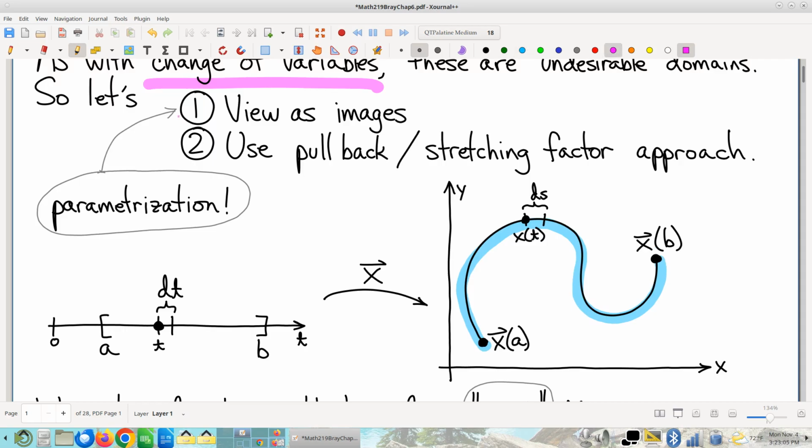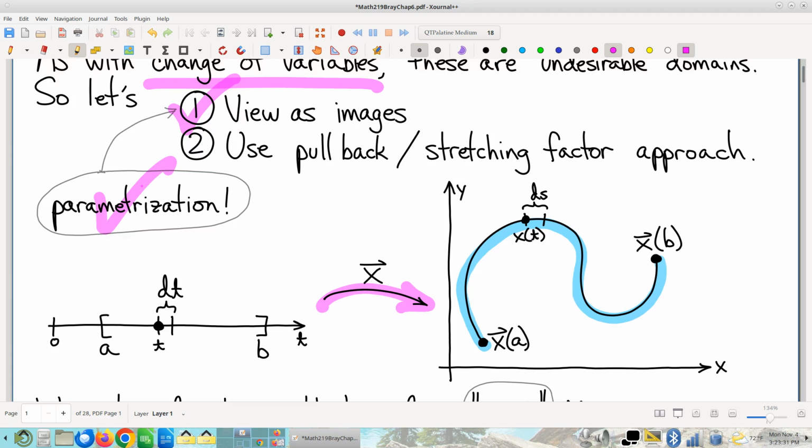And viewing it as being an image of something, right? Now, that's how we did change of variables. We take our undesirable domain, we find a way to view it as being an image. Oh, good news. That's just a parameterization in this case. Oh, lucky break, we already have the tool that we need to set this up for doing something kind of like a change of variables.